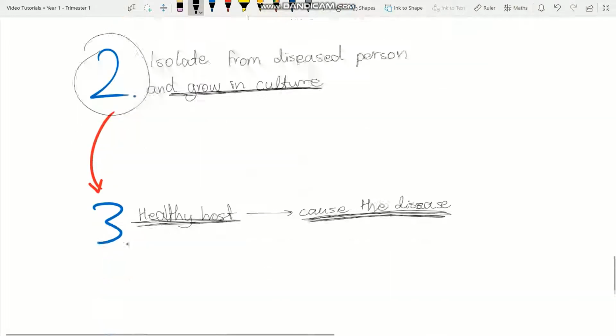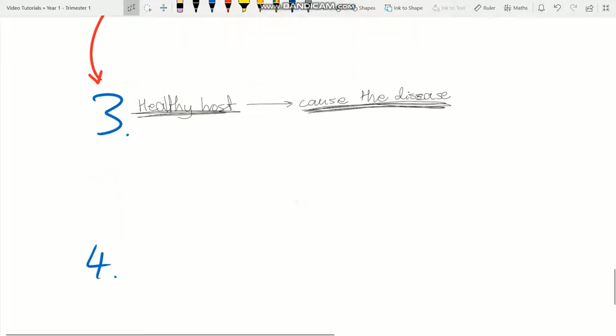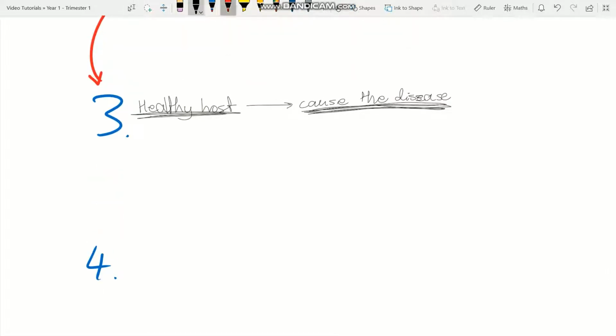Okay? And finally, the same organism that we took from the healthy host should once again be isolated and grown once again in a culture.